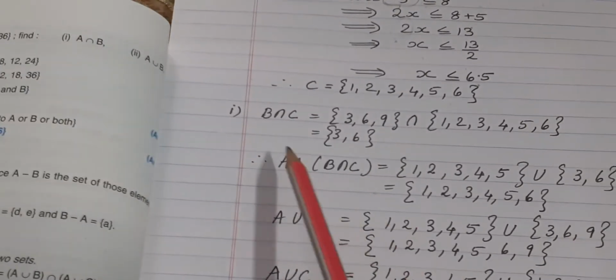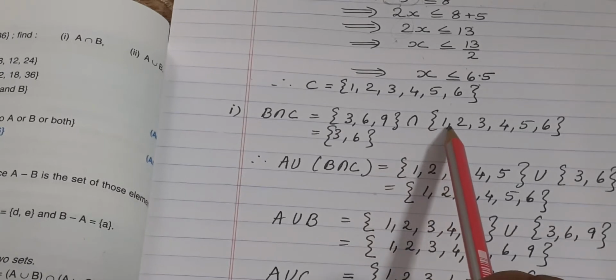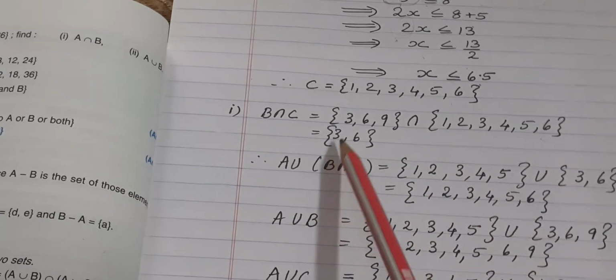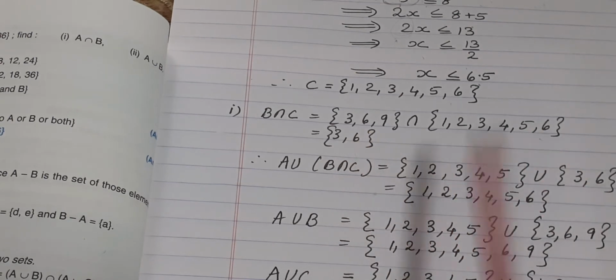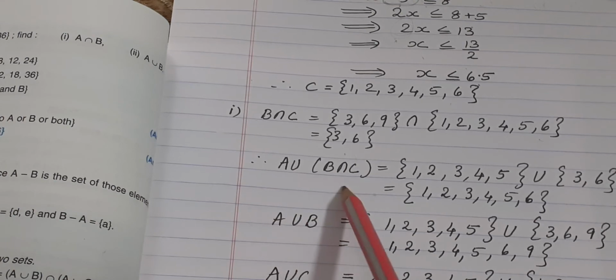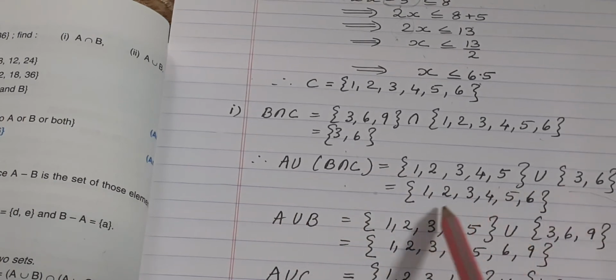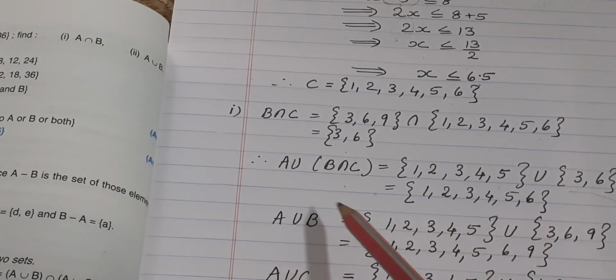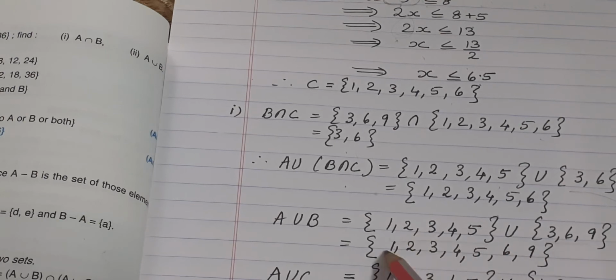Now B intersection C. B is {3, 6, 9} and C is given as {1, 2, 3, 4, 5, 6}. Which are the intersecting elements? 3 and 6, the only common elements. So B intersection C is equal to {3, 6}. A union (B intersection C): A is this set, B intersection C is {3, 6}, so the union of those two, {1, 2, 3, 4, 5, 6}, will come. A union B means set A and set B, so you will get {1, 2, 3, 4, 5, 6, 9}.